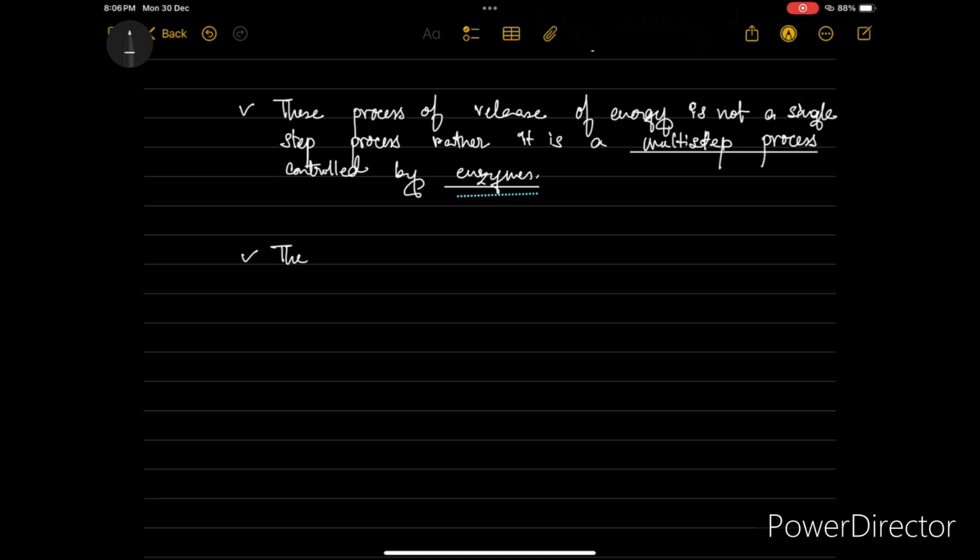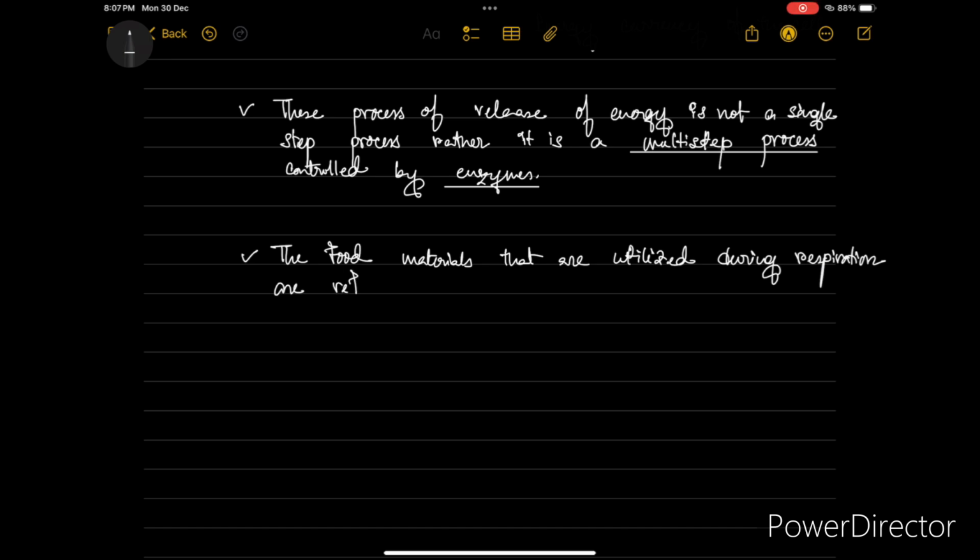And the food material which is utilized during the process of respiration can be divided into 3 main categories. These food materials involved in the process of respiration are referred to as respiratory substrates.